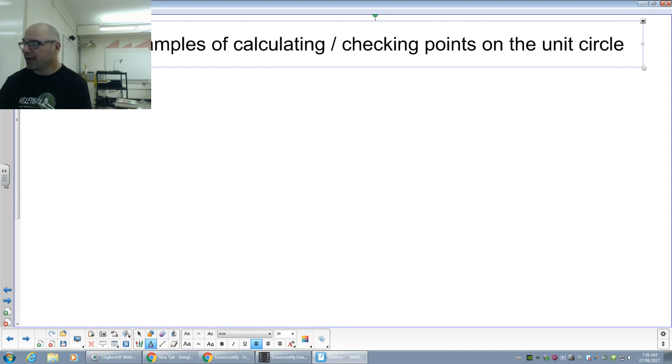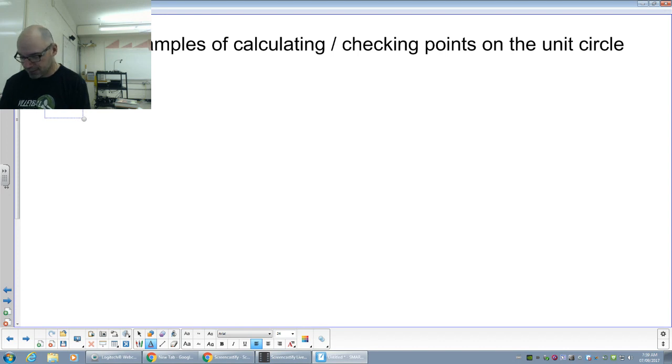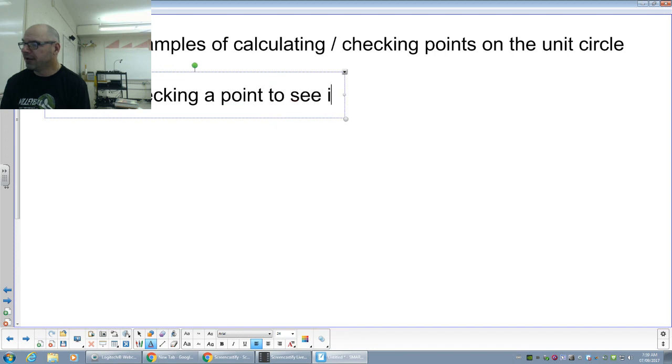The first one, the easier one, is checking. So type 1: checking a point to see if it is on the unit circle.